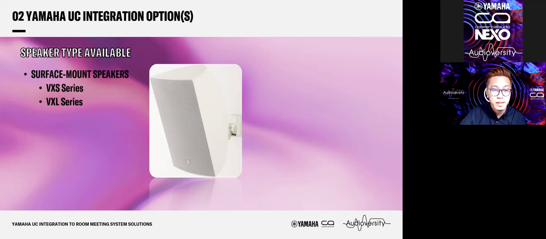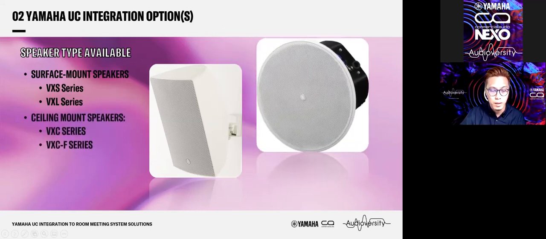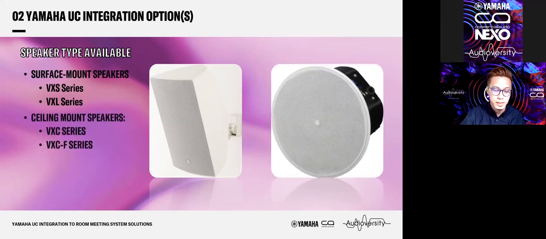And also the VXL series, the column line speaker that I've shared earlier. They also are available in black and white. And also our ceiling speakers. We have the VXC series, the C stands for ceiling.